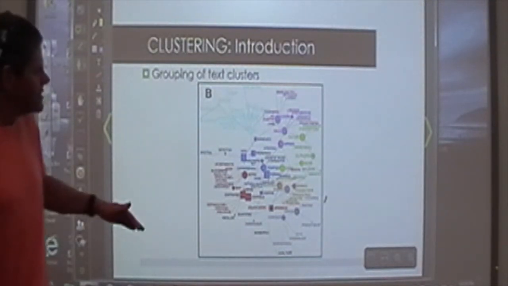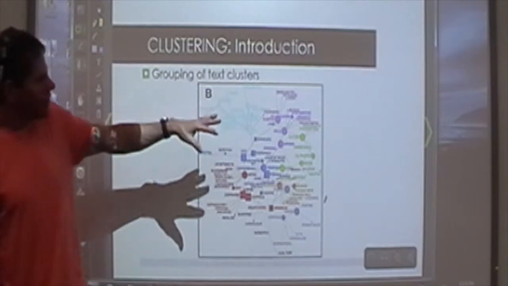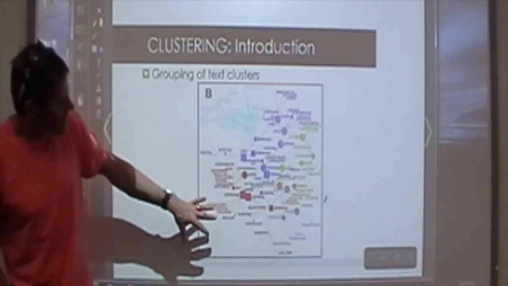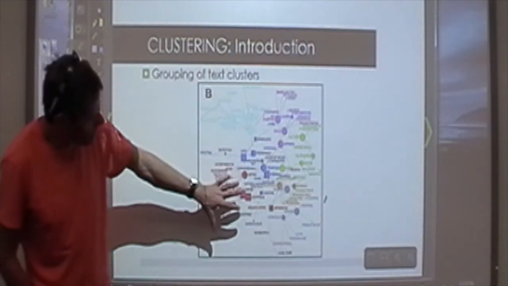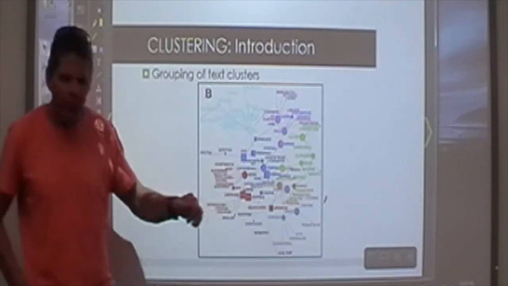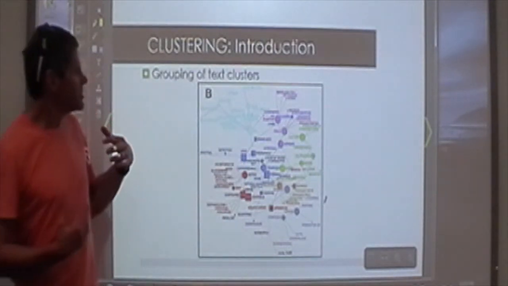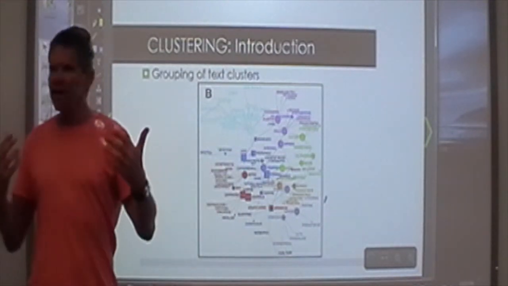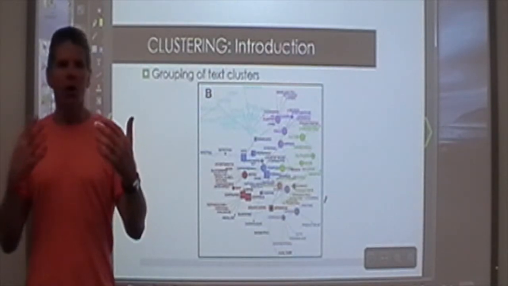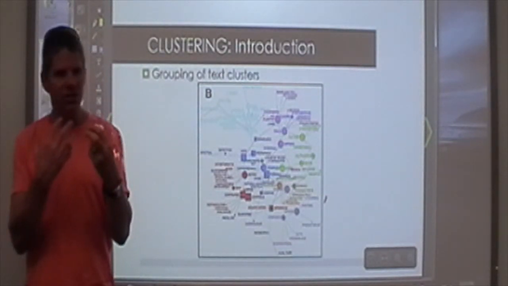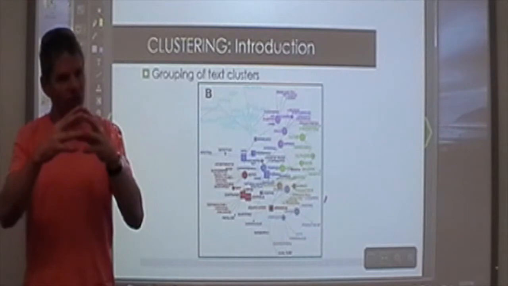This is another example. I don't know how well it shows up here. The idea here is, this was the best I could find right away. I was trying to look at, this is more text classification. So you can start using this as clusters.